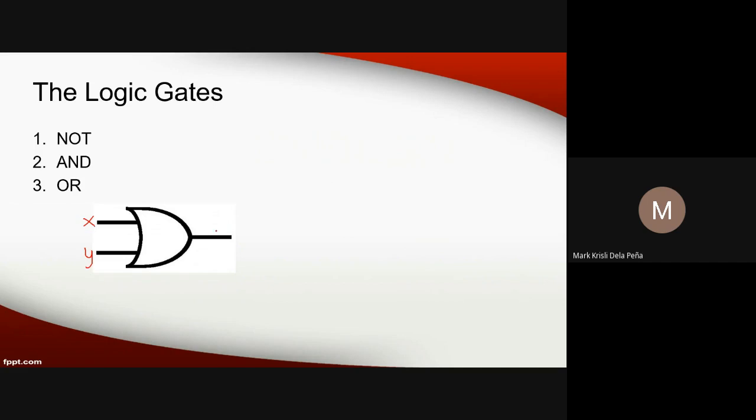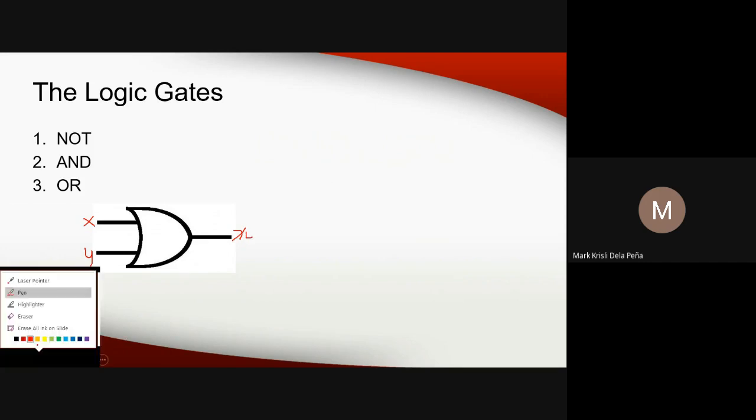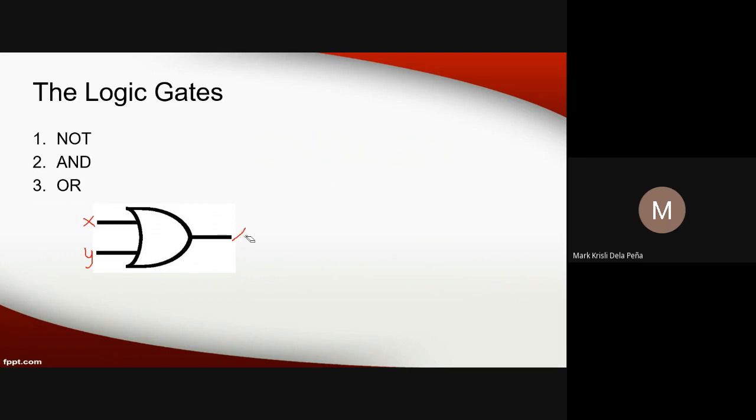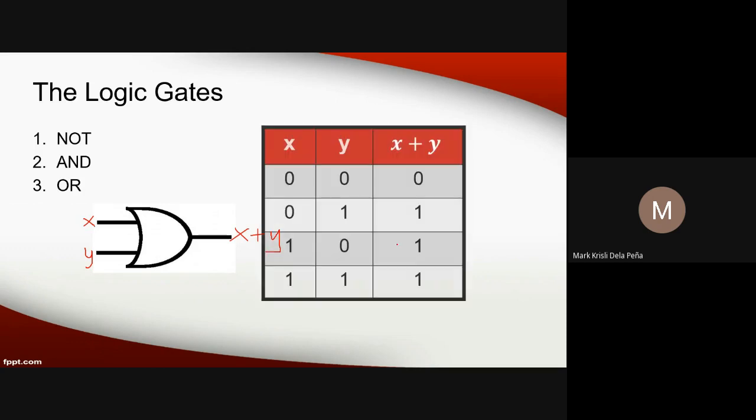You can have x and y, and you have the output x or y. The truth table for an OR gate is this one. Whenever there is at least one input that's equal to 1, the output of the gate will always be equal to 1.